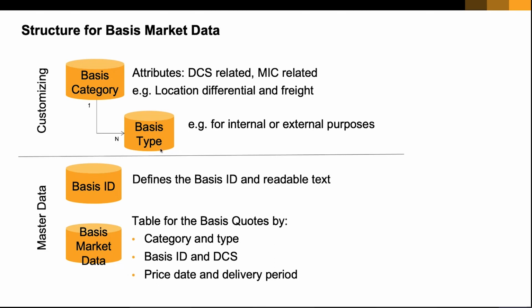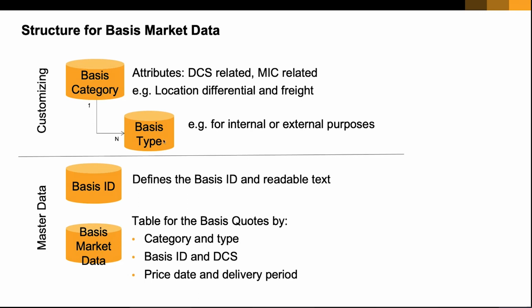Then in the basis type, we can add an additional layer saying, in case of location differential, what kind of differences are we going to use? Whether it's going to be internal or external. For example, we can use external for settlement purposes, like for customers and vendors.